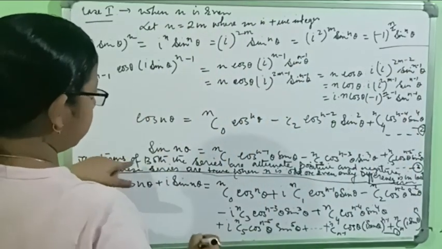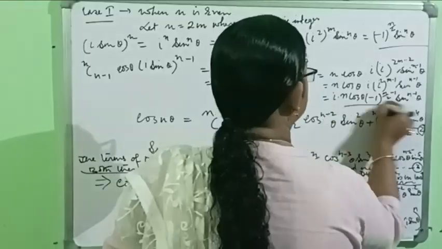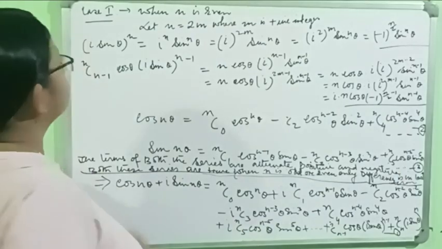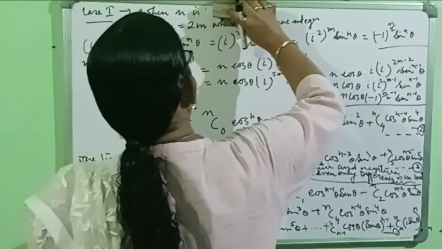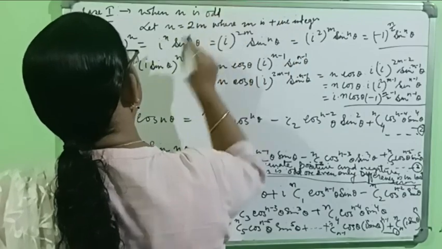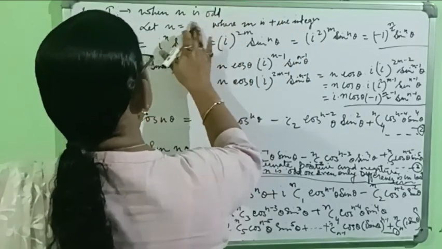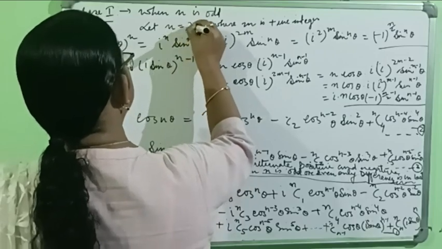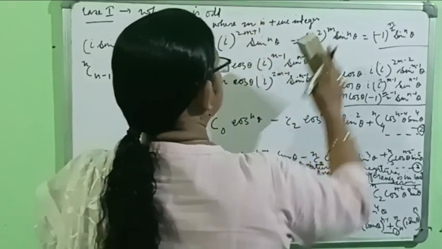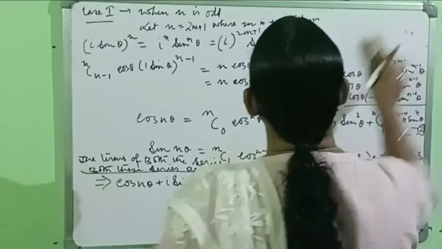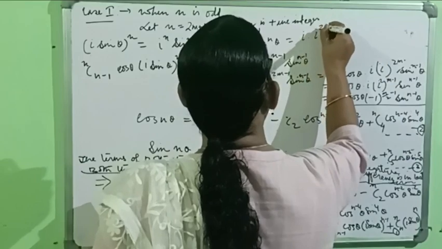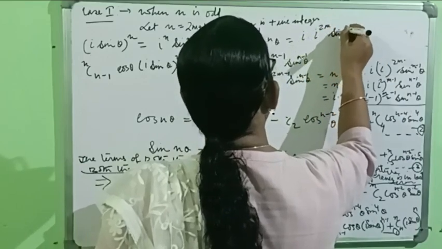This is the cos n theta series, and this is the sin n theta series. Now when n is odd, what will be the last term? When n is odd, n is equal to 2m plus 1. Here it will change. It is equal to i^(2m) sin^n theta.